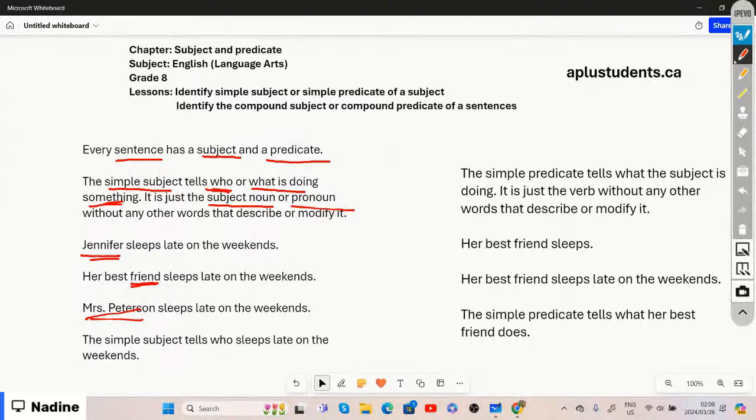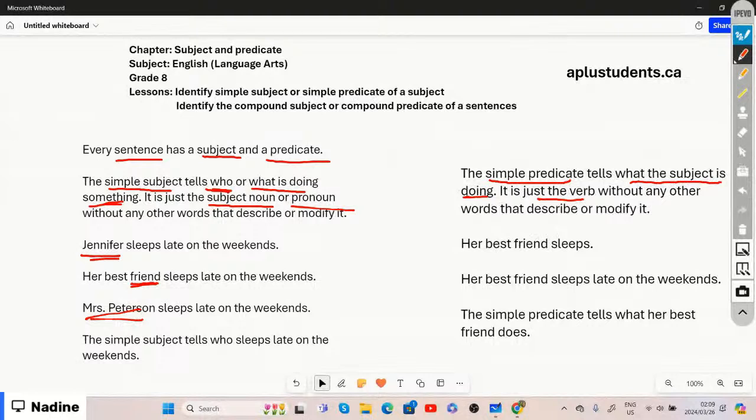So that is basically simple subjects. Then we have a simple predicate. A simple predicate tells us what the subject is doing. It is basically the verb, without any other words that describe or modify it.